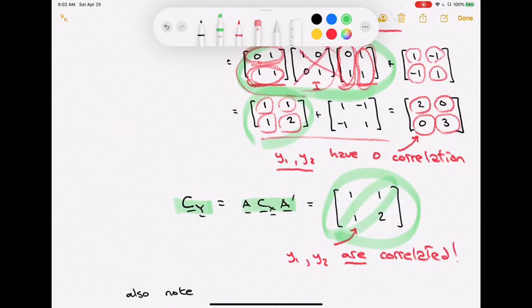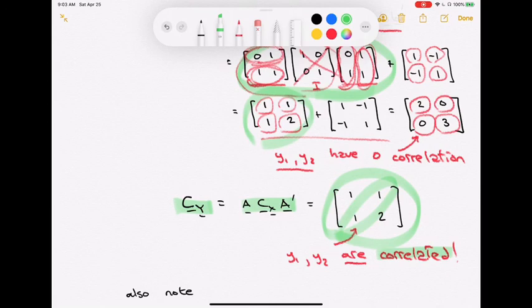Because the off-diagonal elements are non-zero, they are correlated. And I think I made a mistake when I said the other one. That's that kind of unfortunate terminology. We mentioned this before: correlation equal to 0, little r equal to 0, is orthogonal, but covariance equal to 0 is uncorrelated.